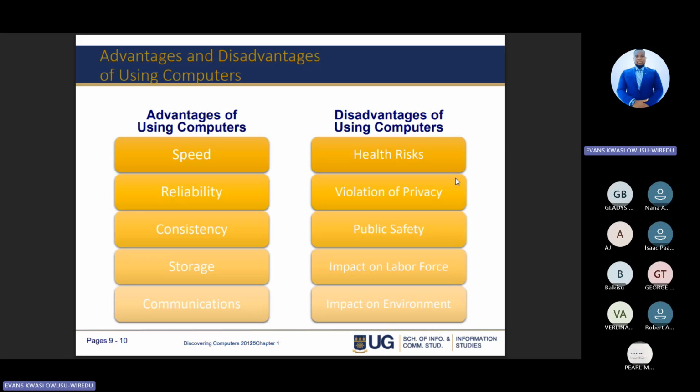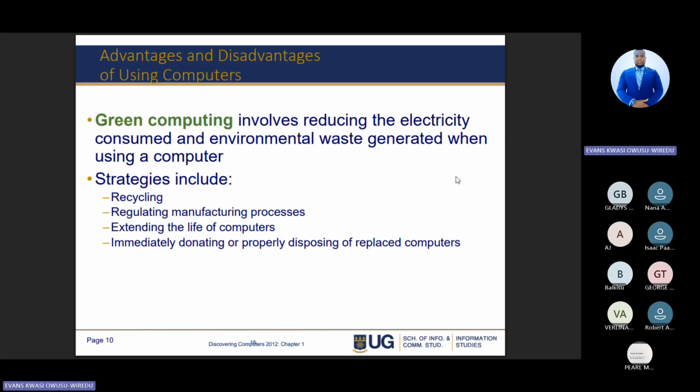These things are taking people's time, and so it's limiting that social life that people used to have back in the days when there were no computers. And so these are some of the advantages and disadvantages we highlighted.